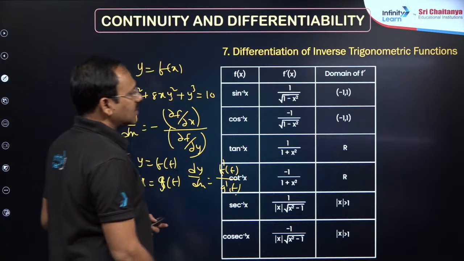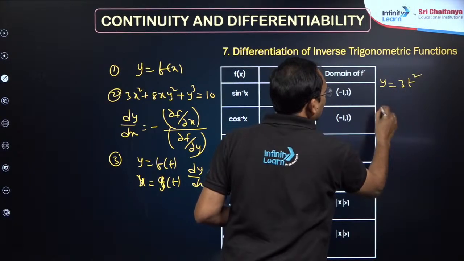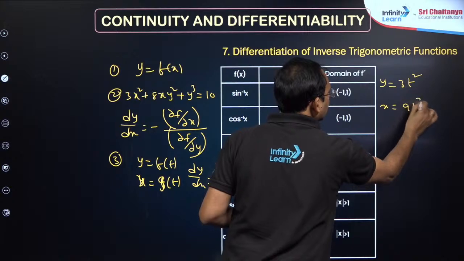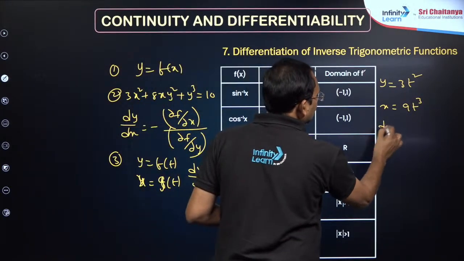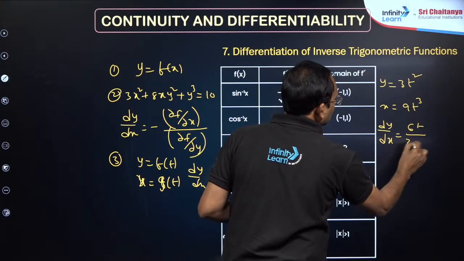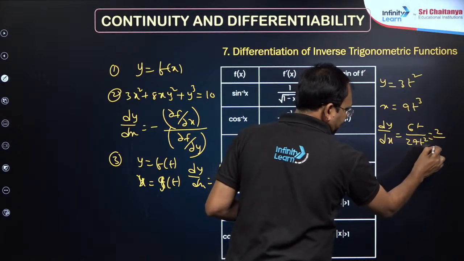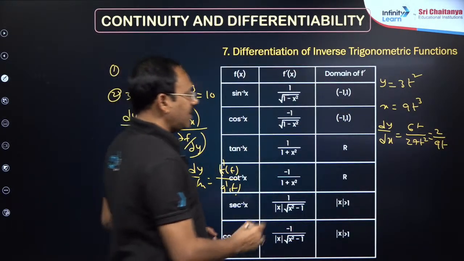Second derivative in the sense, suppose you are given y is equal to 3t square and x is equal to 9t cube. Find d square y by dx square. Here first, dy by dx will become 6t by 27t square, which is 2 by 9t. Now how do you find d square y by dx square?